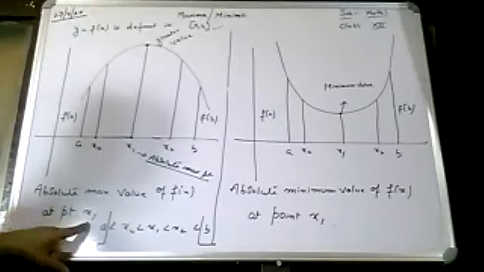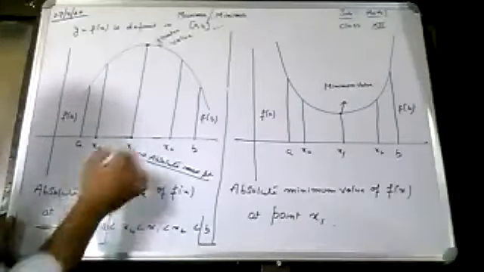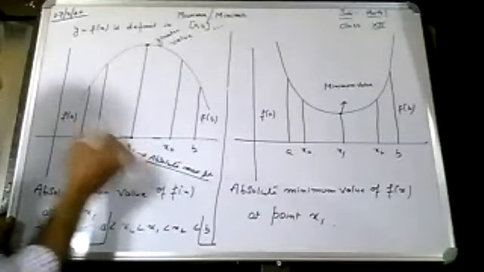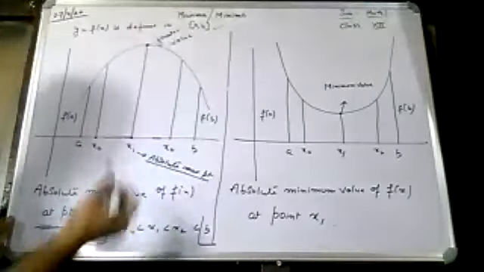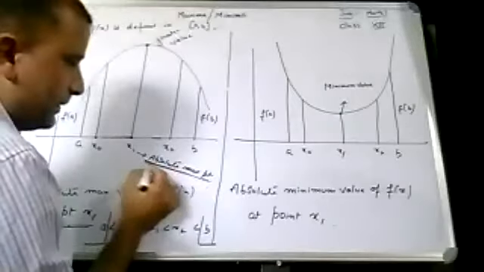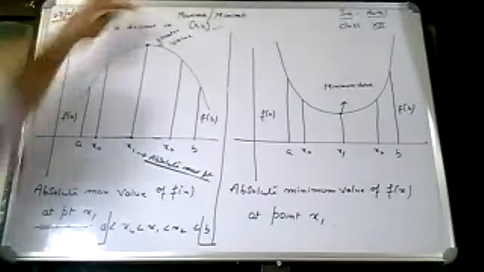At point x1. The point where the curve attains its maximum value is called the absolute maximum point, and this is called the absolute maximum.